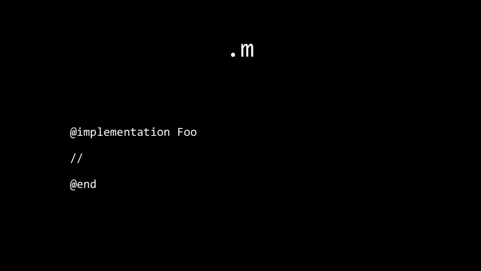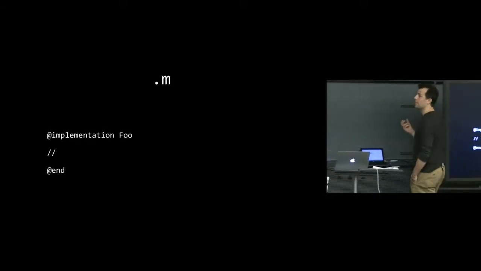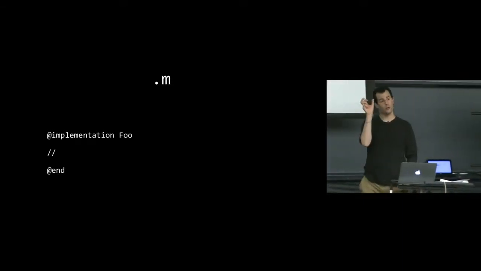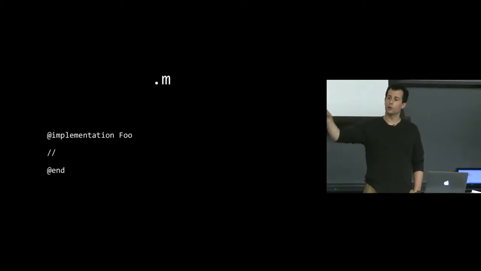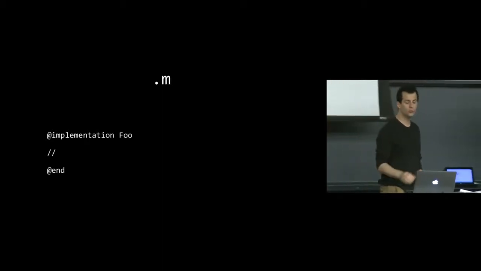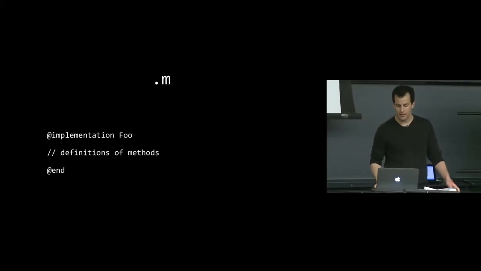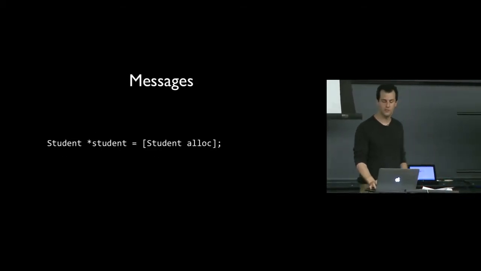But we saw this a moment ago. What goes where that comment symbol is? The definitions or the implementations of those methods. So you typically begin by copying and pasting the declaration or the signature of your methods from the .h file, but then you proceed to open a curly brace, implement it, and then close a curly brace. And we'll certainly do that tonight as well. So there go our definitions of methods.